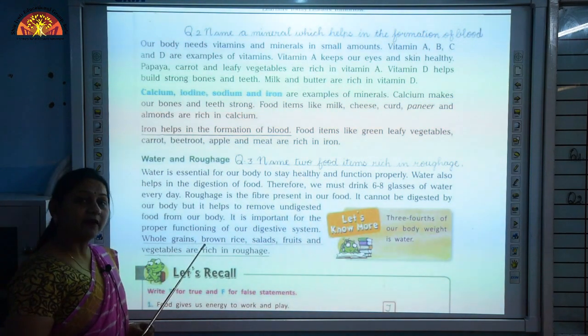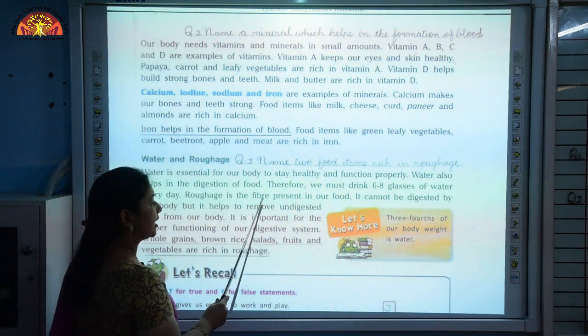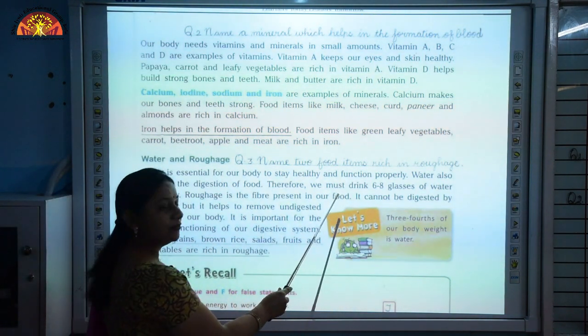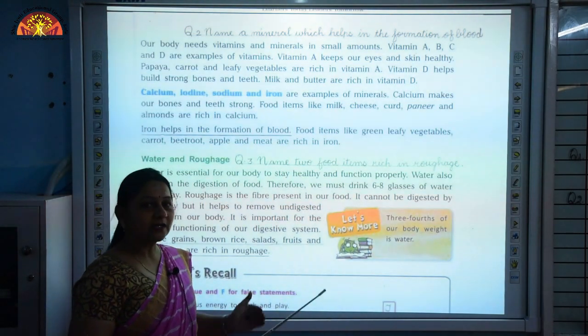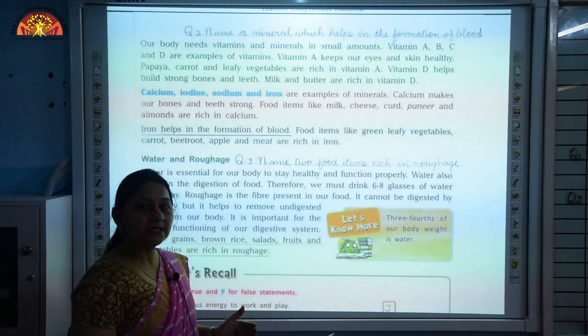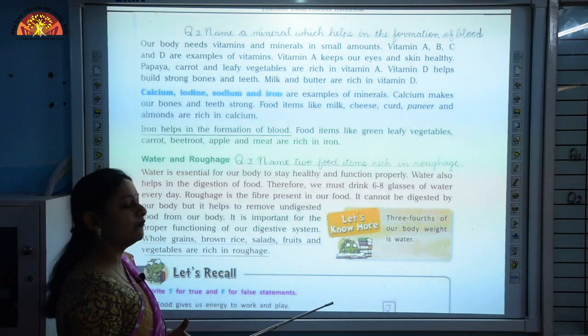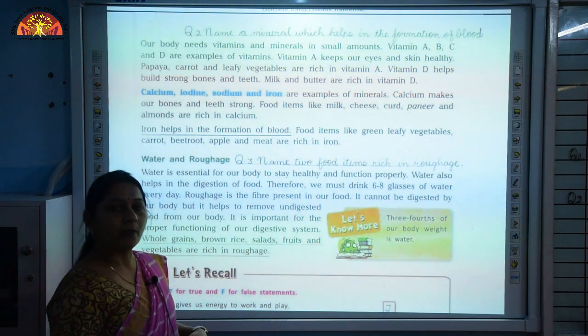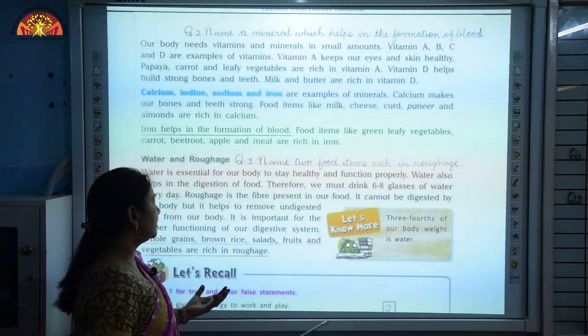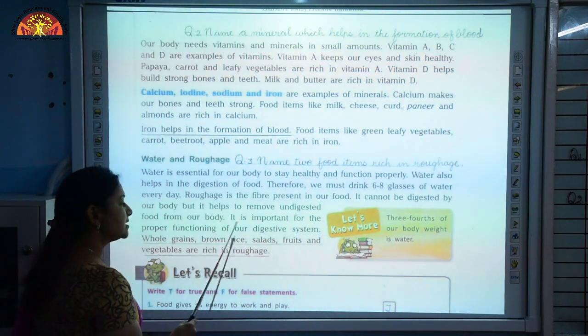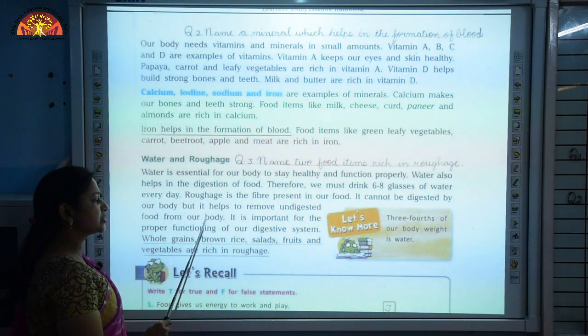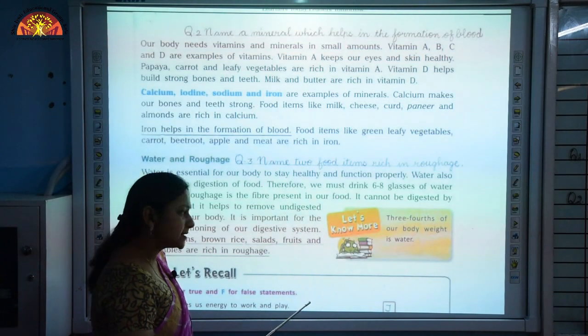Roughage is the fiber present in our food. It is not digested by our body, but it helps to remove undigested waste from our body, so it is important for the proper functioning of our digestive system.